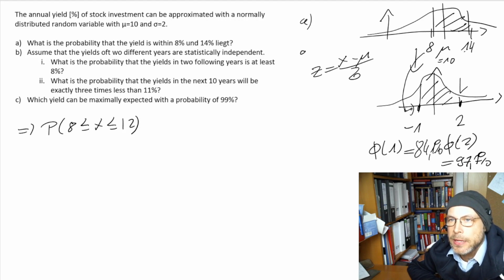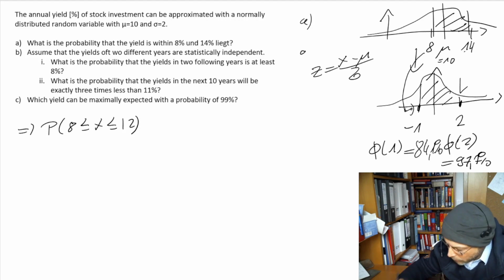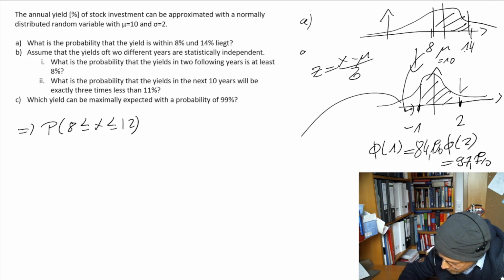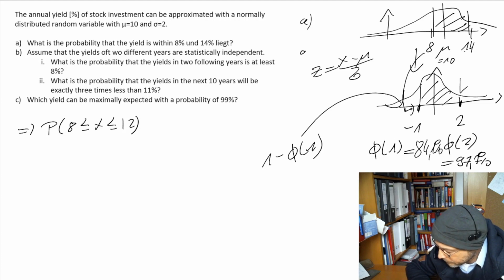We can put together today. What is then the probability? So we know that this probability here is 1 minus phi of 1. And this probability here is 1 minus phi of 2.